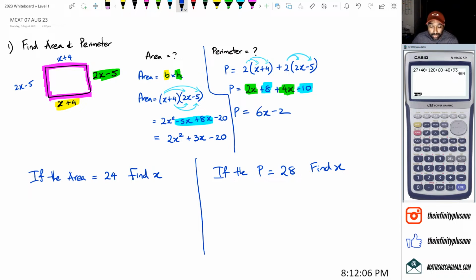There are lots of tutorials on it that you can look through, and there's skills that you might need. If you're pretty comfortable with algebra, then I think you should be all good with this. Anyway, I'm going to leave those 2 questions for you guys. We'll probably do the perimeter one first. I'll give you guys maybe a couple of minutes to do both, 2 to 3 minutes.